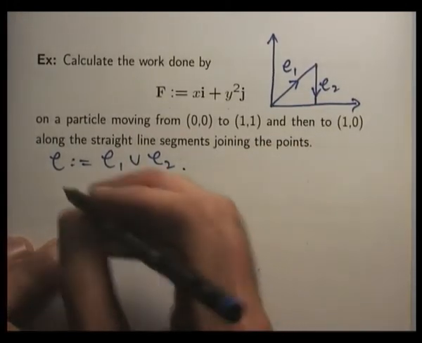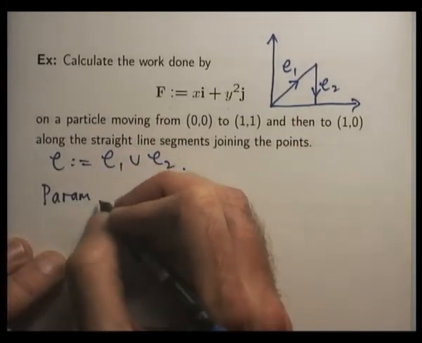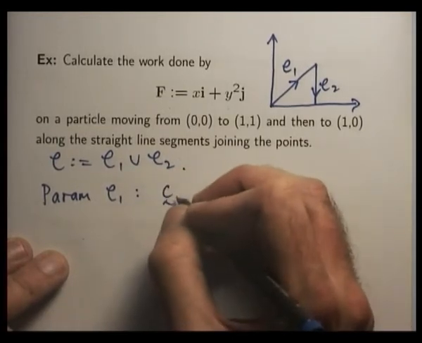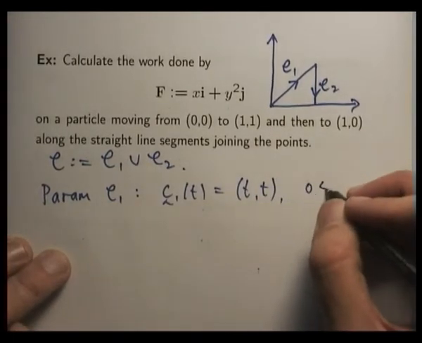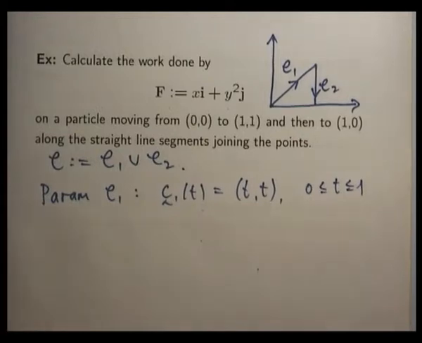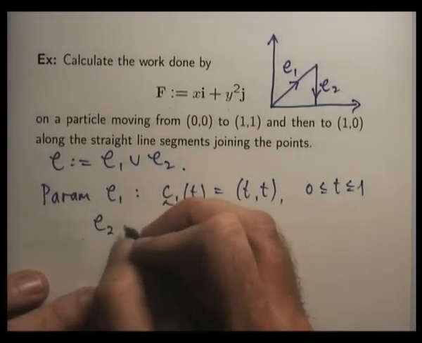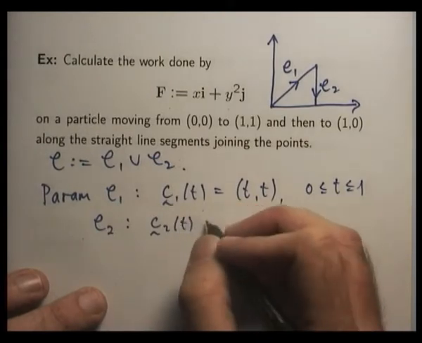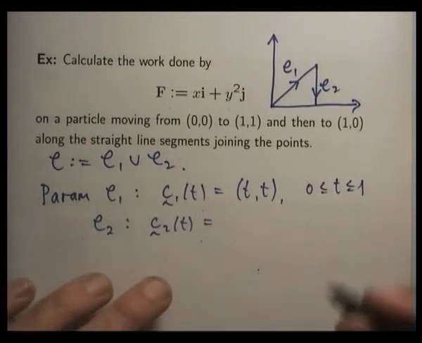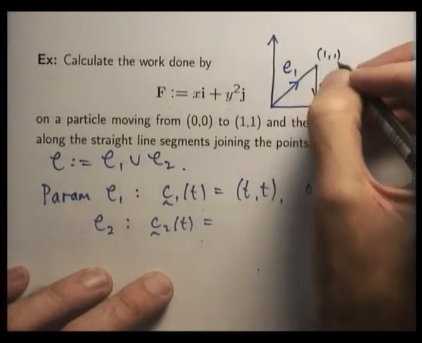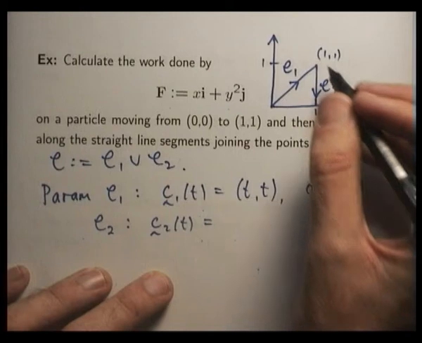So to parameterize C1, it's just (t, t). Again, you can use that little algorithm that I showed you before. And for C2, again, you can use the algorithm. All right? Notice that there's no change in the x component along C2.